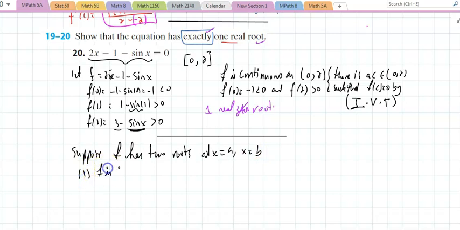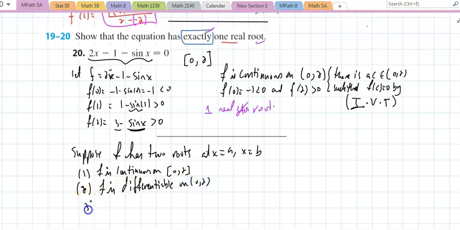F is continuous on 0 to 2. 2. F is differentiable on 0 to 2. 3. F of a, if a is a root, isn't that 0? And isn't that f of b?